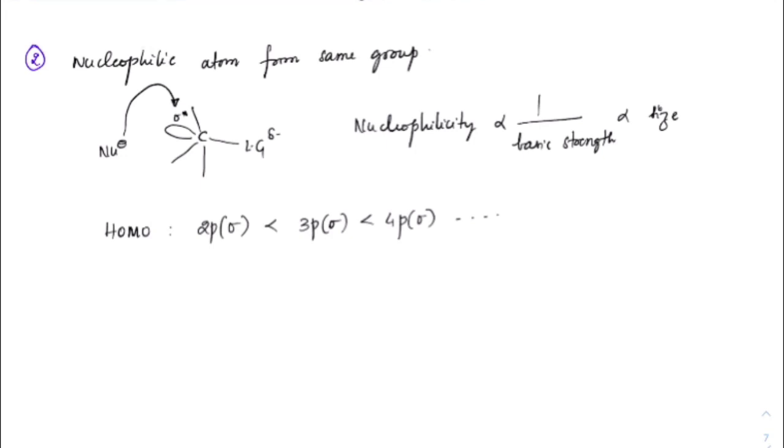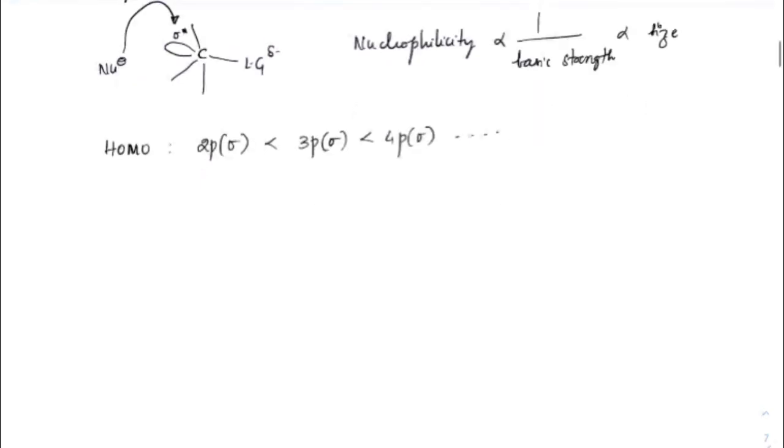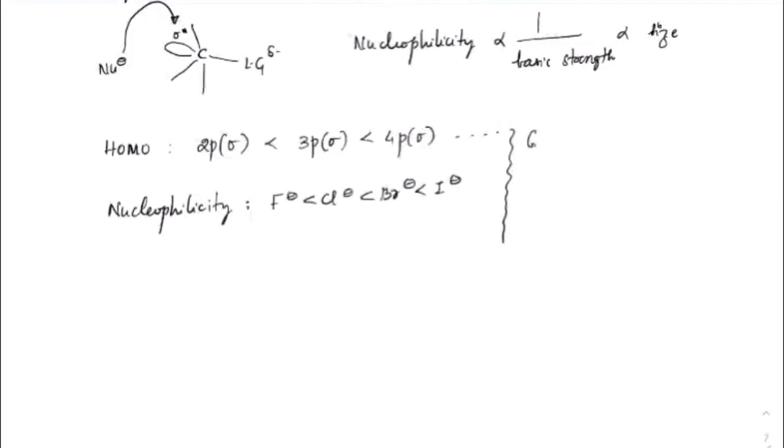Here we are comparing the same LUMO with different HOMO orbitals. So nucleophilicity in this case would be F minus, Cl minus, Br minus and I minus, because for I minus you would have higher non-bonding electrons, right?